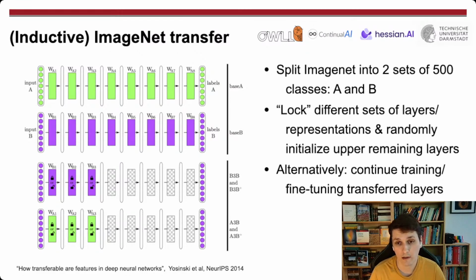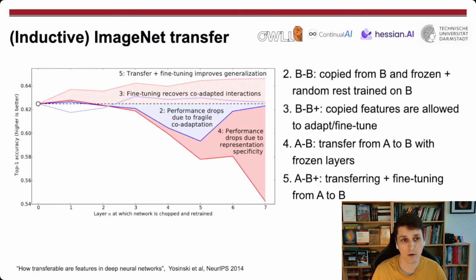You can then investigate what happens when you start locking individual layers and only adapting the upper ones, or when you start pre-initializing these locked layers on the other dataset and then continuing to train them. So there are multiple configurations where you can do this. The authors have analyzed this in quite some detail, and there are some interesting conclusions.